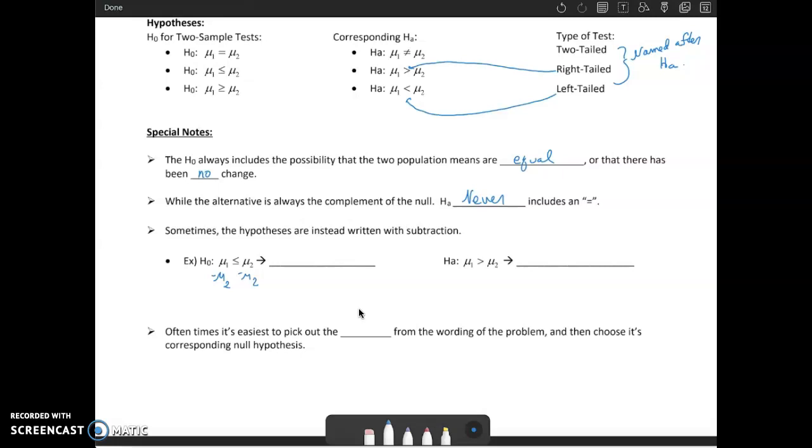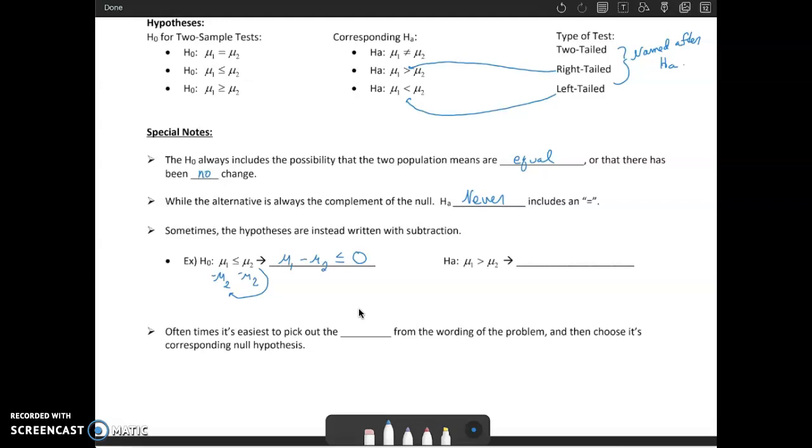This is the same thing as saying mu sub 1 minus mu sub 2 is less than or equal to 0, right? Because then there's nothing over on that right-hand side anymore. We've subtracted whatever was over there away. So those are just two different ways to say the same hypothesis.